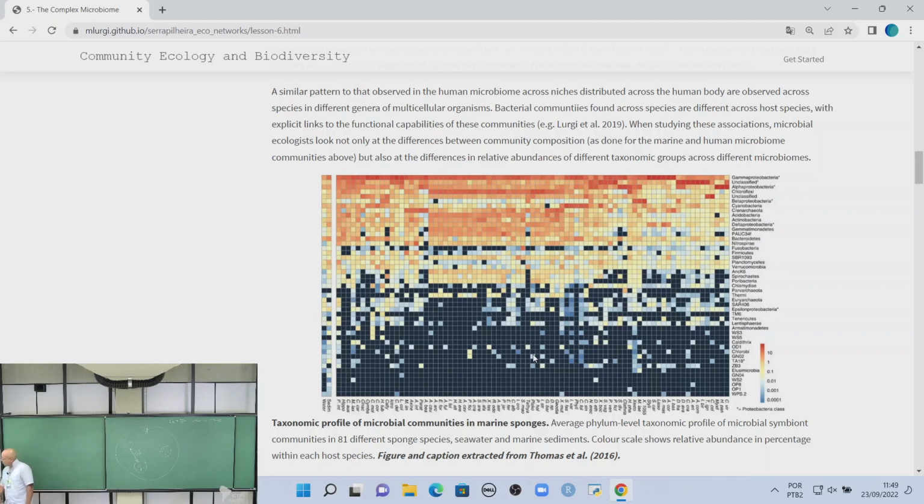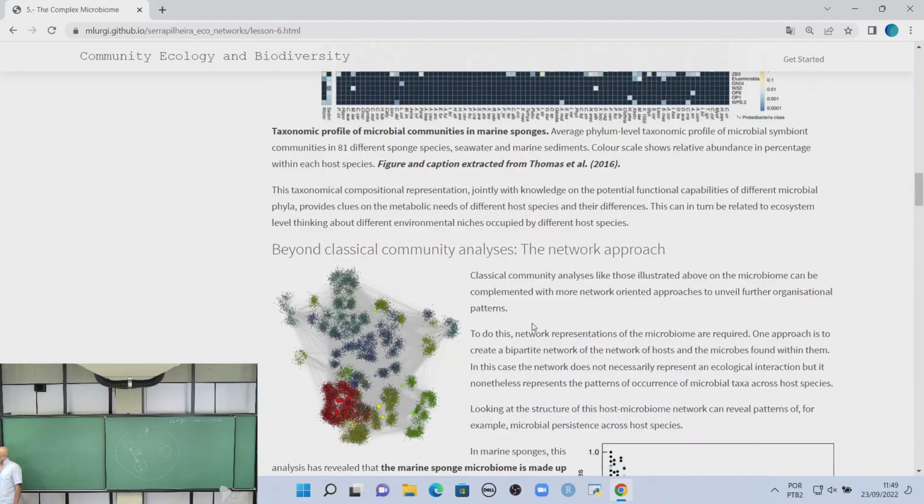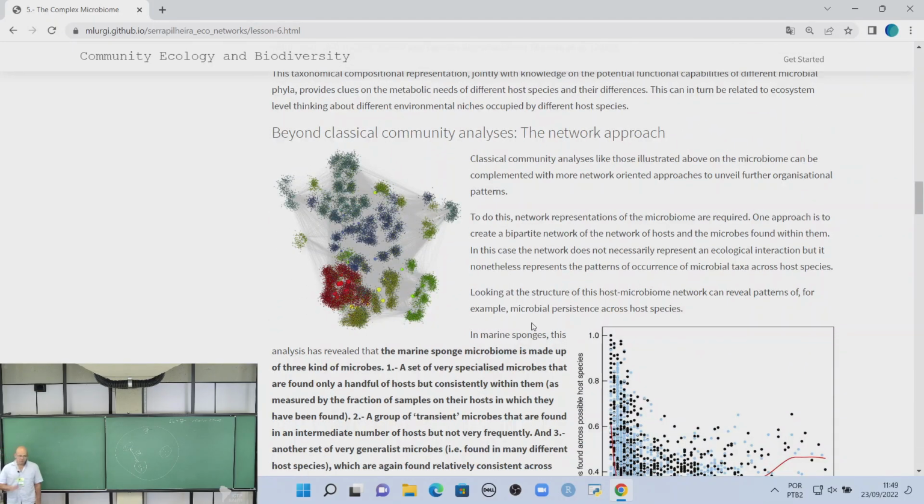Cool. So we have more or less seen how traditional community analysis, in terms of alpha, beta, and gamma diversity and composition, which is what we have seen so far, works. I just wanted to show you how you could apply it to microbiome and microbial communities.